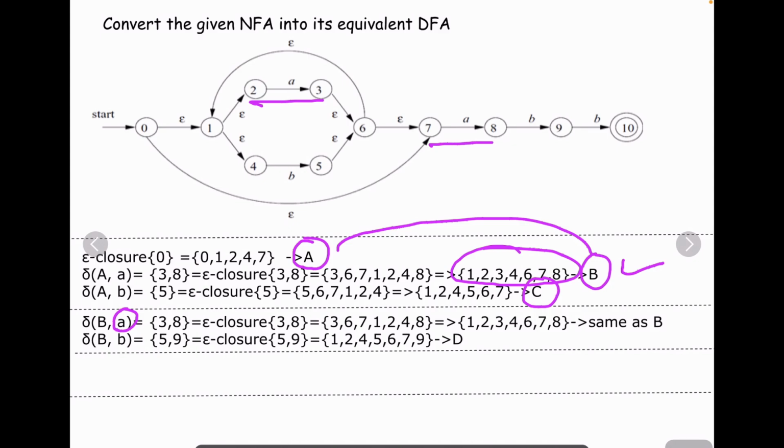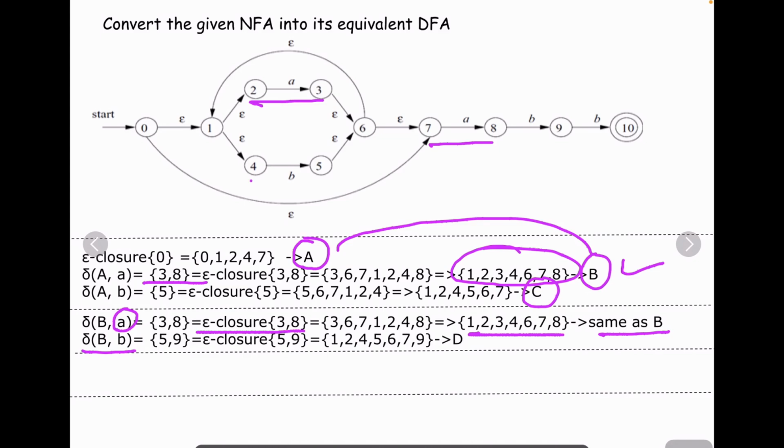Again you have to find the e-closure of {3, 8}. You already computed it: it is {1, 2, 3, 4, 6, 7, 8}, which is similar to B, so you can rename it. Then delta of B comma b: where do you get the transition on b?